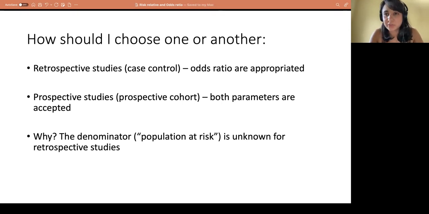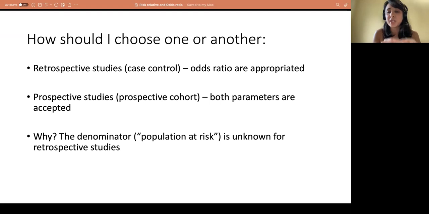You are not following the patients prospectively, everyone without the disease, exposed and non-exposed to a condition, to understand the number of patients that will develop prospectively a condition or a disease. But you took already the patients that had the condition and the patients without the condition, and retrospectively you will investigate if the patients were exposed to a potential risk factor or not.